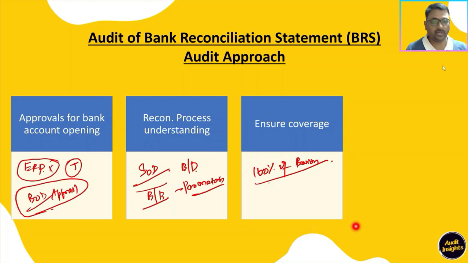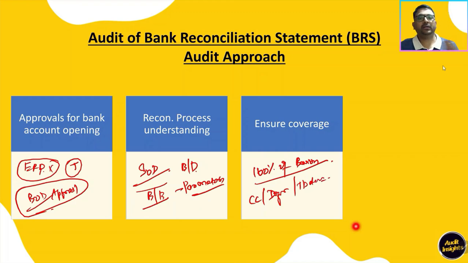You will also have cash credit, you will also have deposit accounts, you will also have term deposit accounts. So don't leave any bank accounts out of the scope, right? So any bank account which the company owns needs to be part of your review.